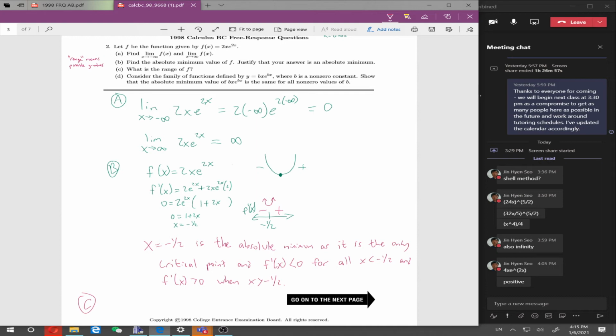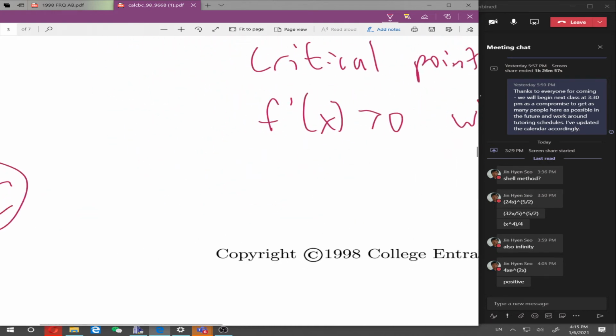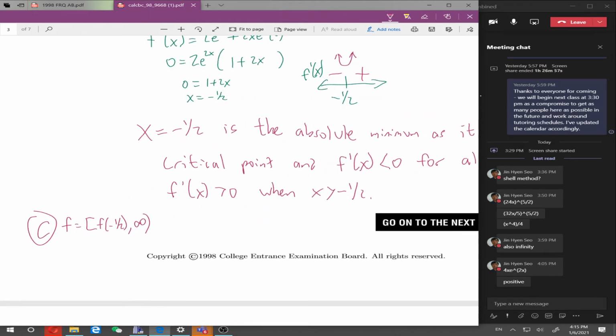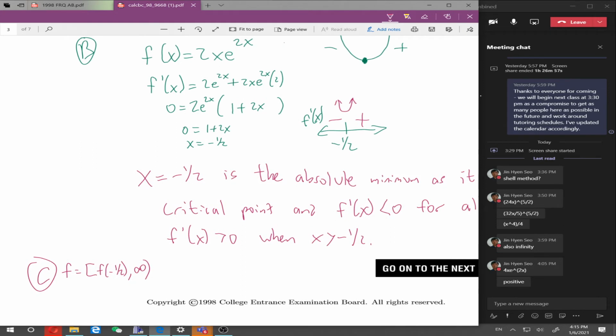So I'm going to write that first, and then we'll solve for the numbers. So our range must be including f of negative 1/2 to positive infinity because of our limits. And now we need to figure out what f of negative 1/2 is.